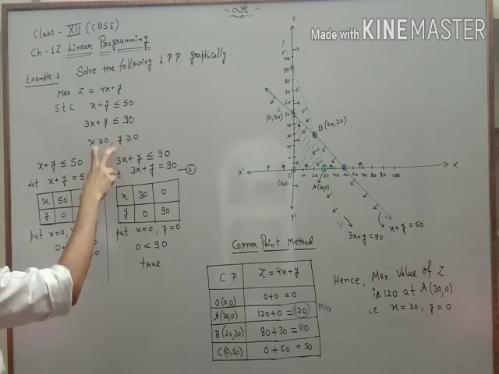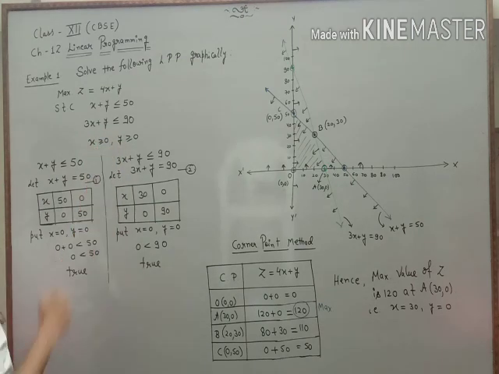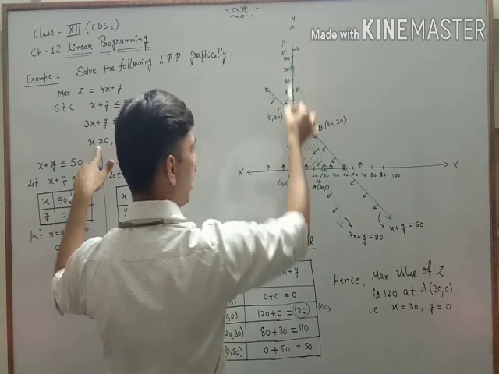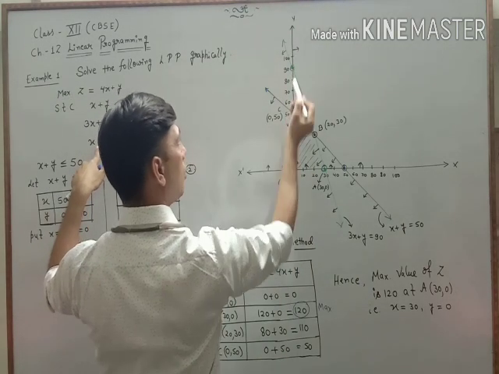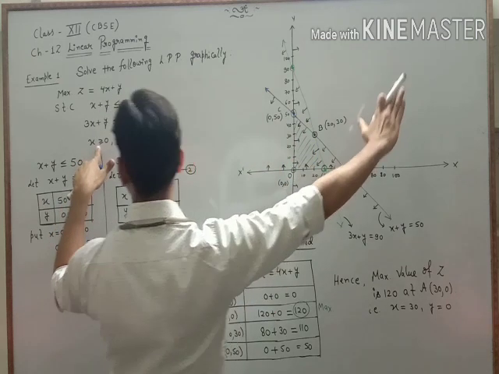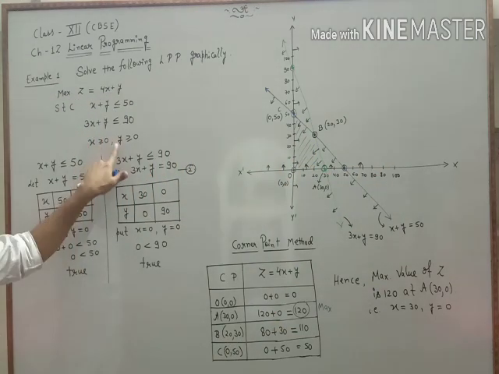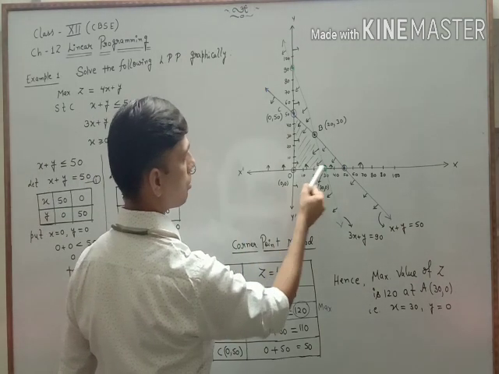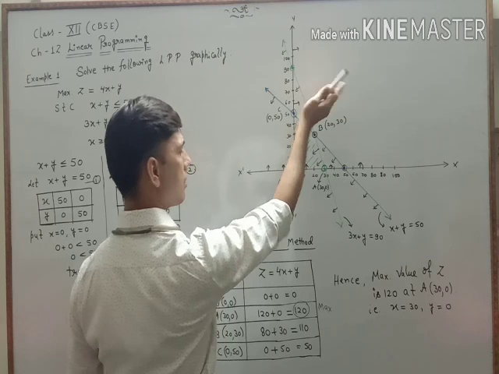Now, the two important non-negative constraints. X is greater than or equal to 0 means the right side of the y-axis, see the arrows. Y greater than or equal to 0, see the arrows above the x-axis.